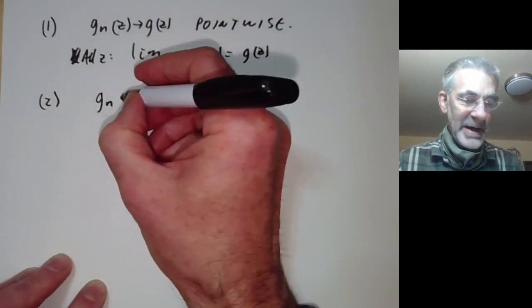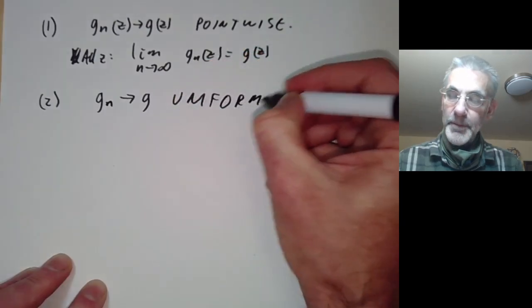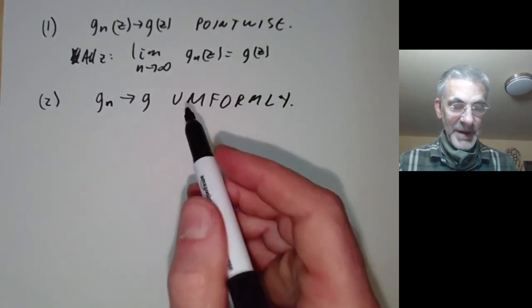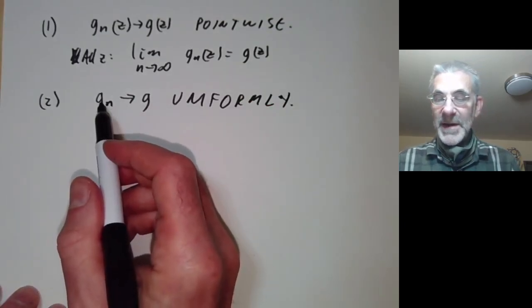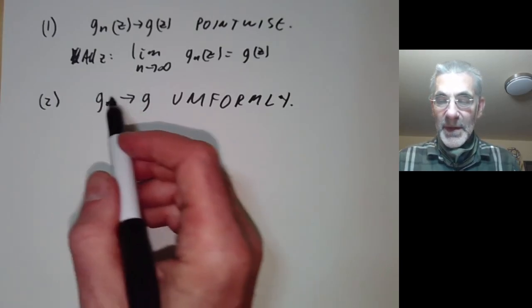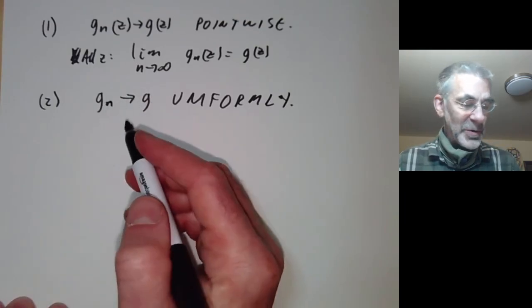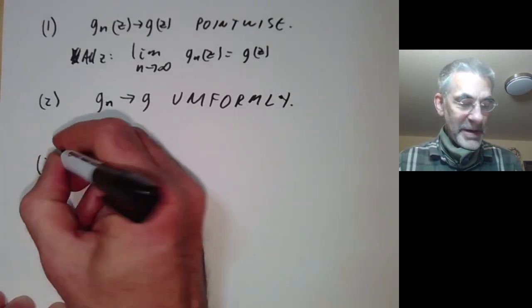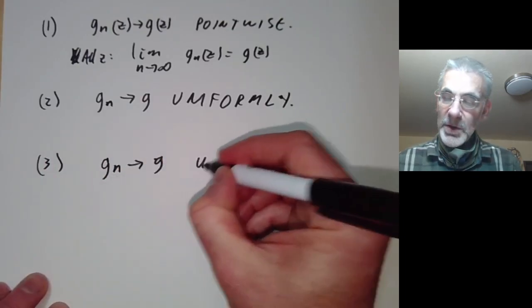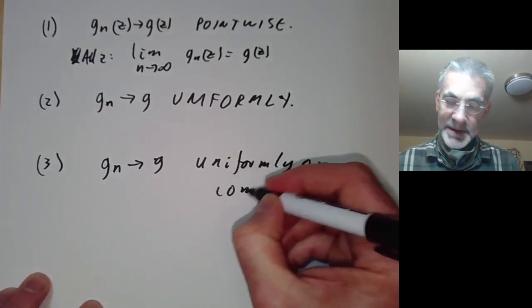We say Gn tends to G uniformly, which we will explain fairly soon. This means that somehow all the Gn tend to G at roughly the same rate at all points. And the third notion we're going to define is that Gn tends to G uniformly on compact sets.